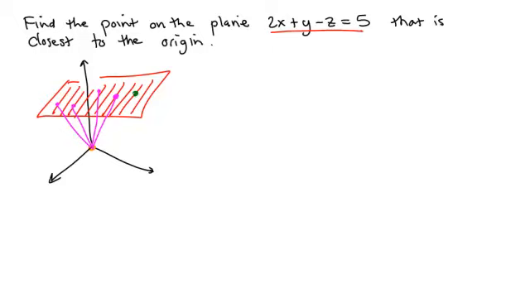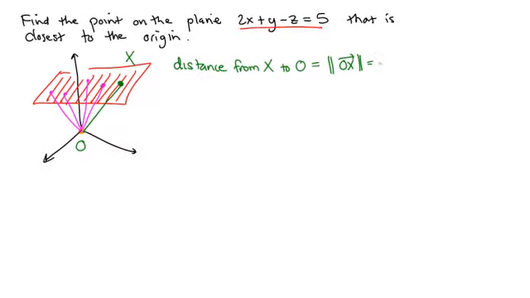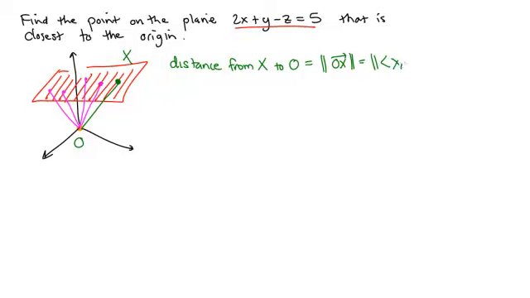If we were to isolate one of these particular points as the point x, and then this is the origin right here, then the distance from the point x to the origin would be nothing more than the length of the vector OX. So that would be the length of the vector x, y, z, or the square root of x squared plus y squared plus z squared.